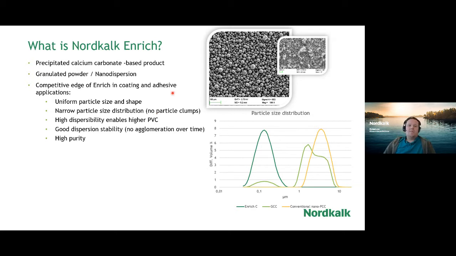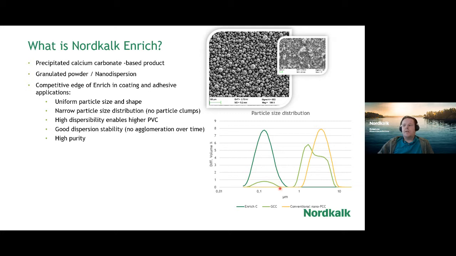And what are, let's say, the main benefits or the competitive edges of Enrich is that it has this uniform particle size and shape, which we see in this same picture. It has a really narrow particle size distribution.